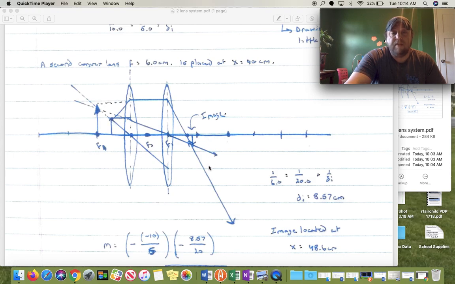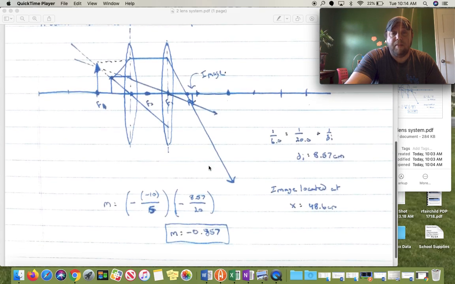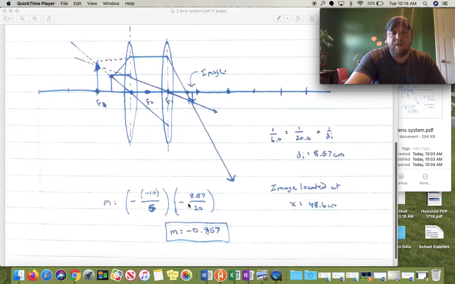So to find the magnification, I just need to multiply my two magnification equations. And I didn't write my equation, so I'll take a half point off of mine later. But remember, magnification is negative di over do. So what I did here is I have negative, and then my original magnification, my image distance was negative 10 divided by my object distance of 5, times a positive 8.57 divided by 20, and I get a magnification number of negative 0.857.